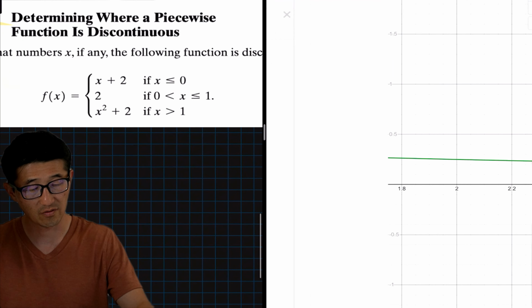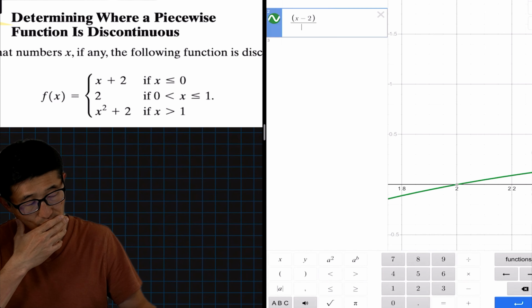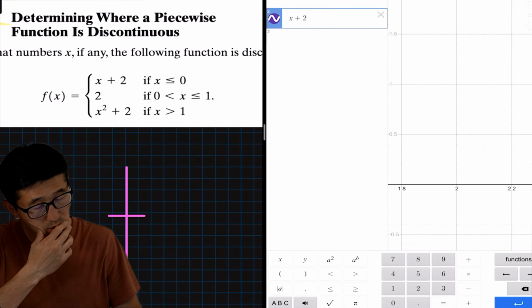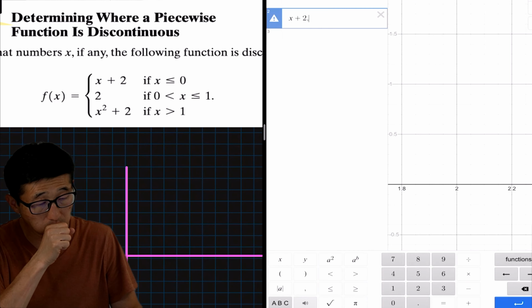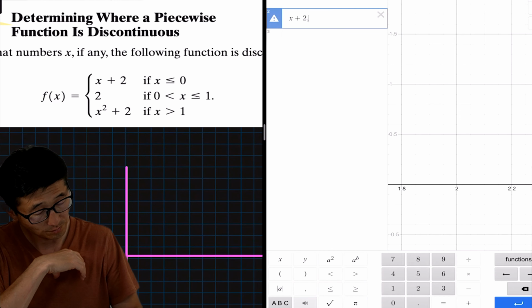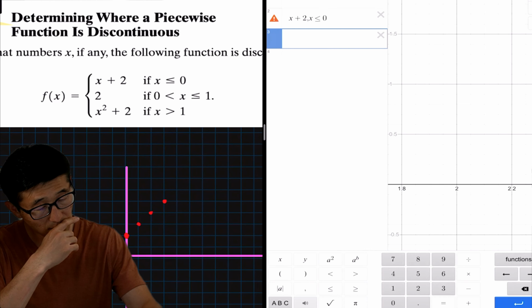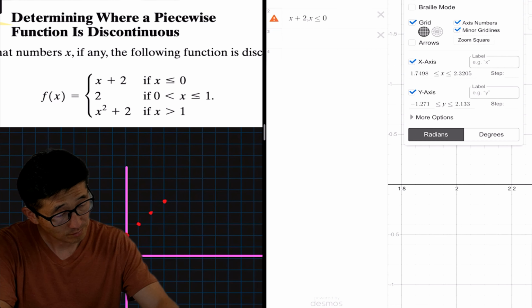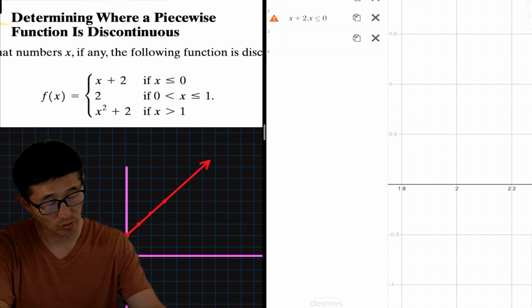I'm trying to figure out how to do this. So x plus 2. Right. Hm. There's a way. I don't know how to do it.